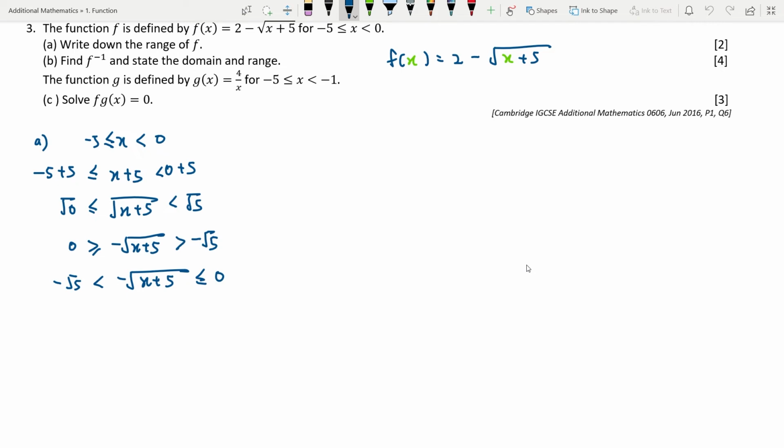Then we add a 2 to the whole inequality. We have 2 minus square root 5 less than 2 minus square root x plus 5 less than or equal to 2. Replace this by f of x. We get the range for f of x, which is f of x is greater than 2 minus square root 5 and less than or equal to 2.